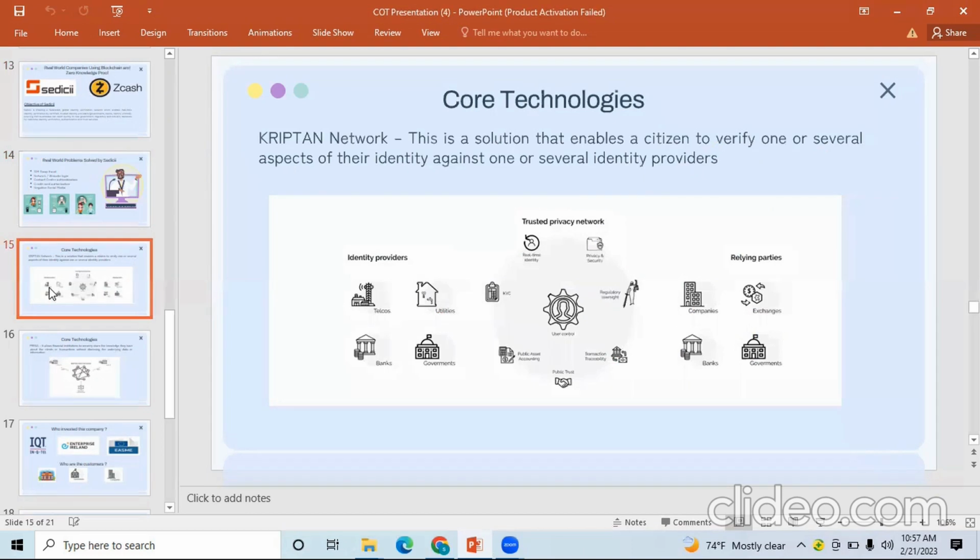A citizen can utilize this solution to verify one or several aspects of their identity with one or more identity providers. Identity providers such as telcos, utilities, banks, governments; trusted privacy network, privacy and security, public trust, KYC, etc. Relying parties such as companies, exchanges, banks, governments.